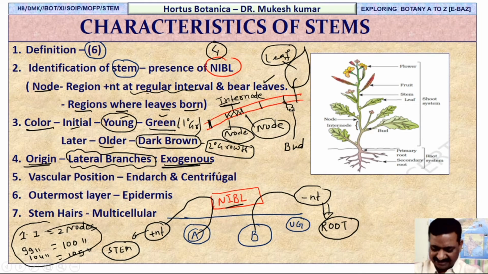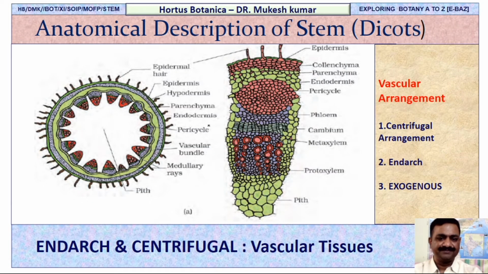Have you seen this structure? Yes, recall. This is the endodermis and this is the pericycle. Root was arising from this pericycle, that's why root was endogenous, and you will find the stem will arise outside that endodermis, so it will be exogenous in origin.